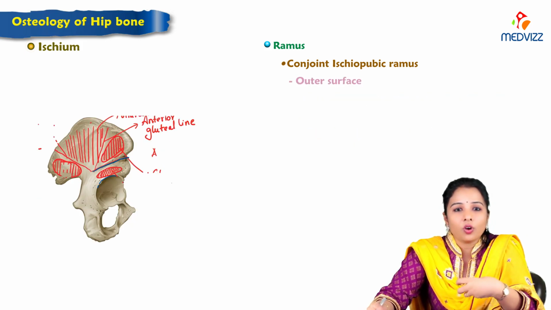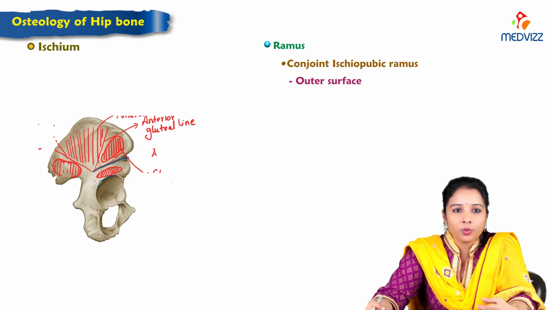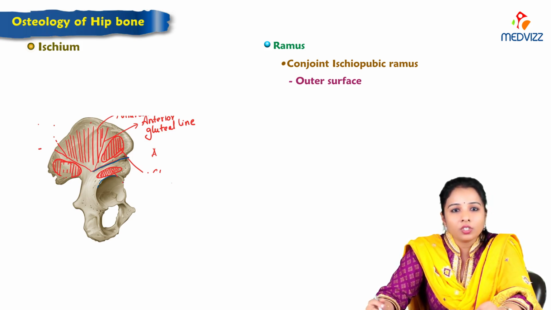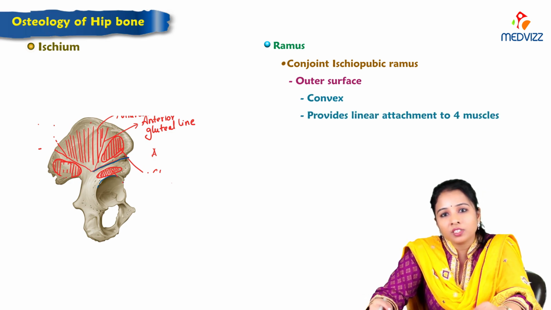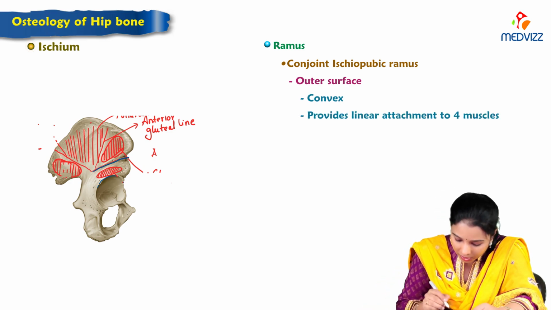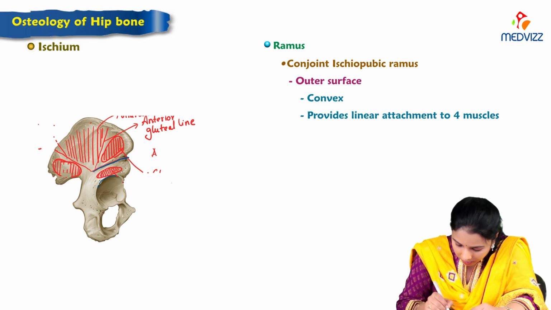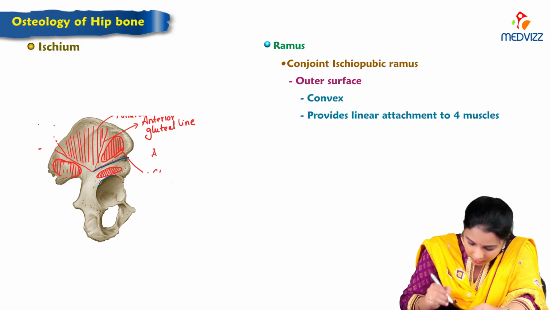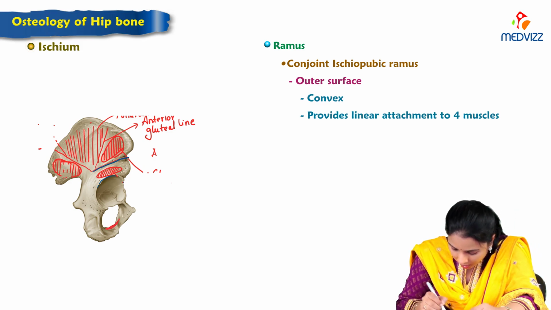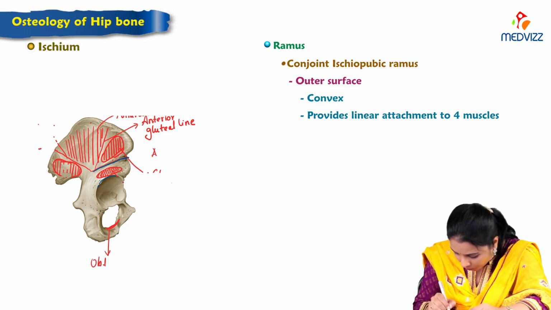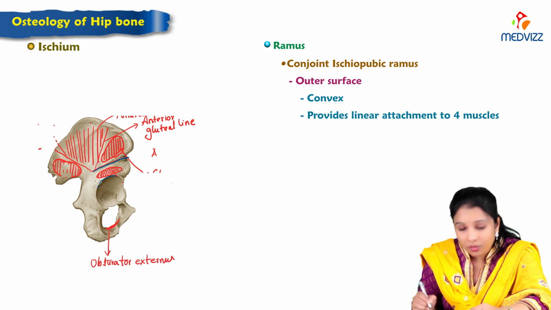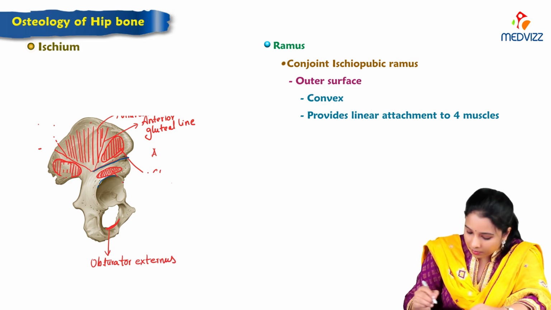Okay, let's talk about the outer surface of the ischiopubic ramus. If you see the outer surface, it is convex. It provides linear attachment to obturator externus. So the muscle here attaches along the margin. The next muscle is the adductor magnus.